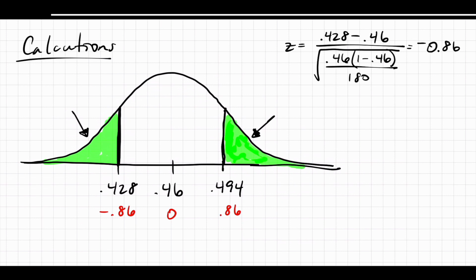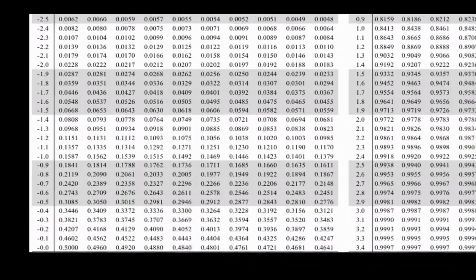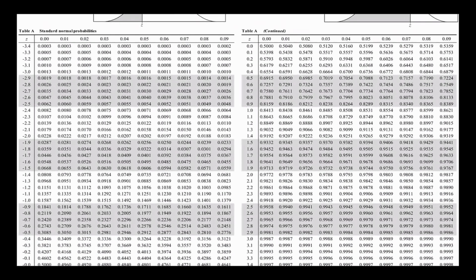Okay. So we go to our z-score tables now, and we look at negative 0.86. Right here. 0.1949.